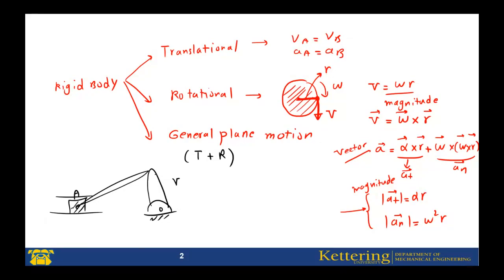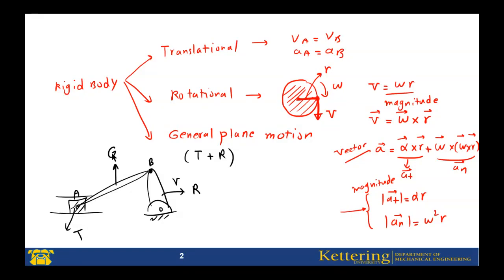This point is A, this point is B. This crank has a rotational motion. This piston has a translational motion. This connecting rod has a general plane motion. Why? One side of this one has a translational, one side has a rotational, this one has a general plane motion.